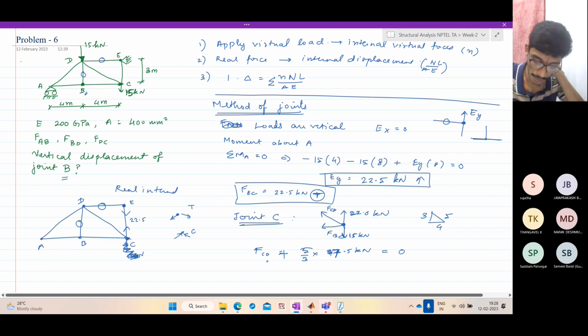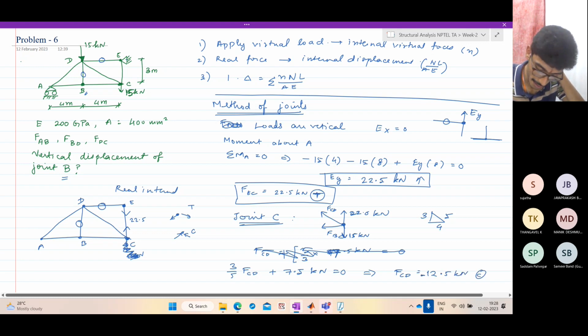So actually, let me do it properly. So I get 3 by 5 FCD, which is the vertical component, plus 7.5 equal to 0, which means FCD is equal to 7.5 into 5 by 3. So I think it is 12.5 compressive, right?